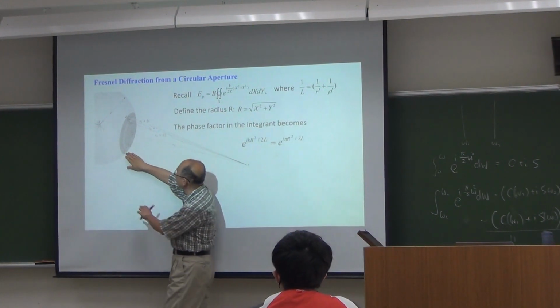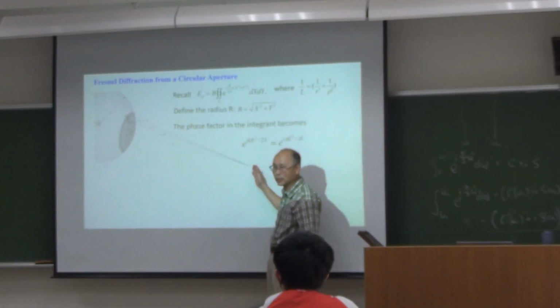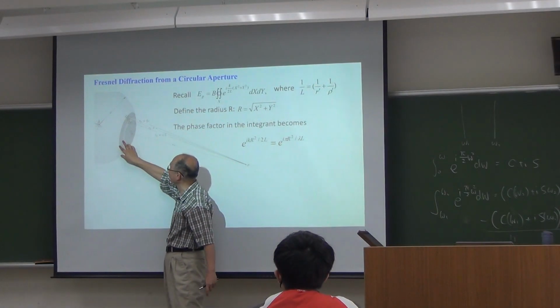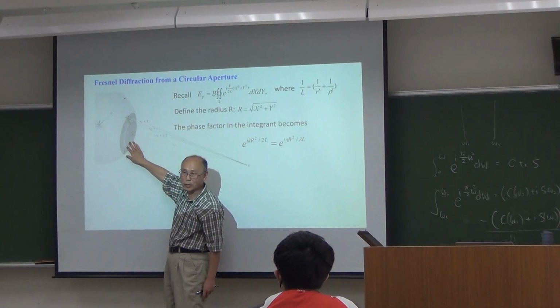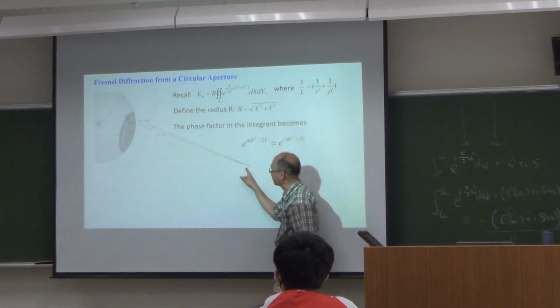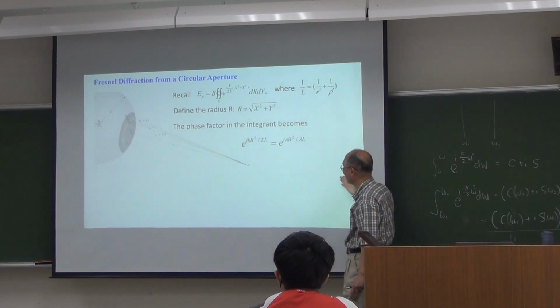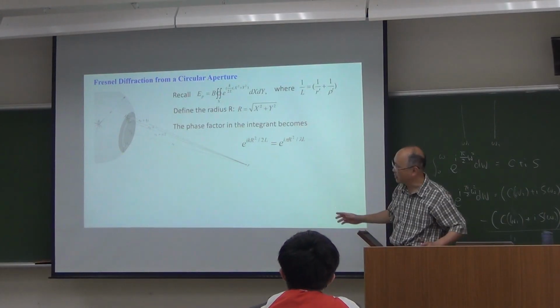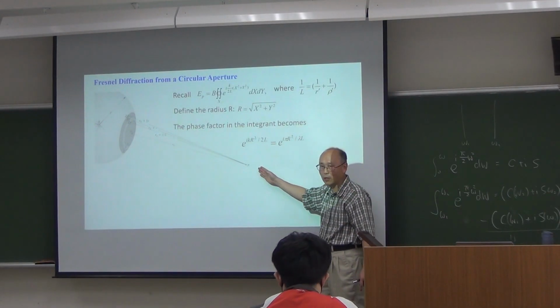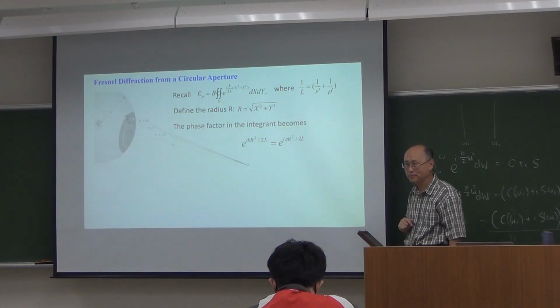Okay, and then if I walk along this direction again to see 3 zones, these 2 zones will give you destructive interference, and then the light coming out from this zone will be focused to this point. And then you'll see a bright spot. Okay, so if you continue to walk along this direction, you're going to see bright, dark, bright, dark, bright, dark in the near zone.